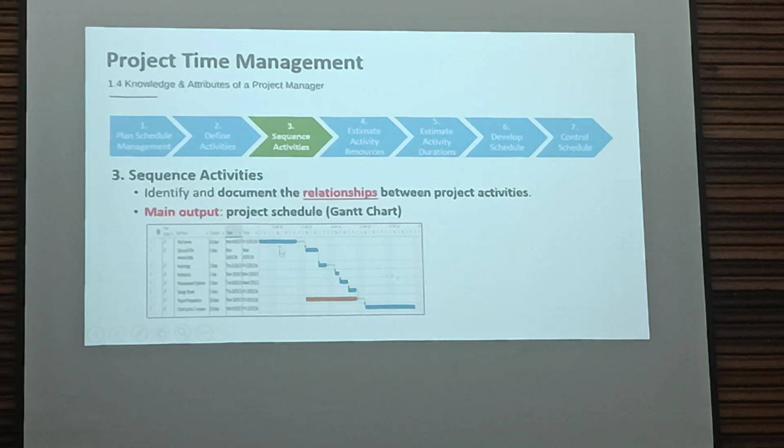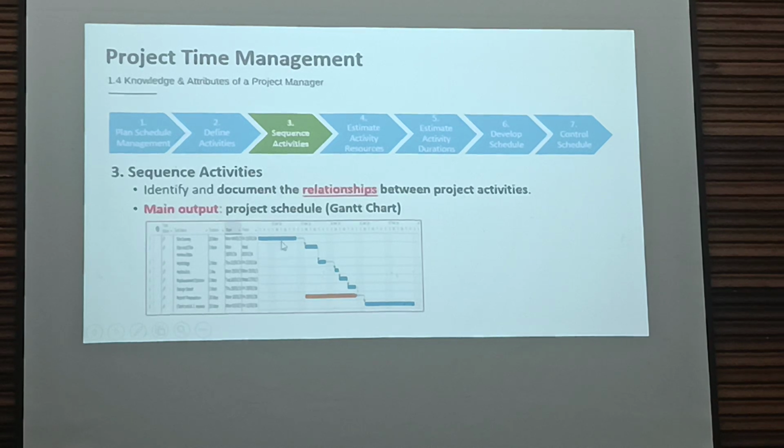Here you can see the relationship. What this tells you is, after this finishes, then this one should start. The tasks are performed one after another.